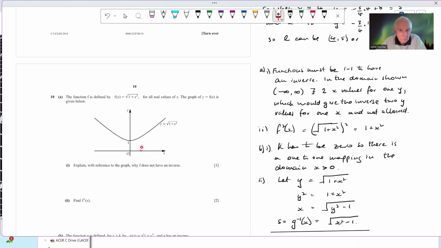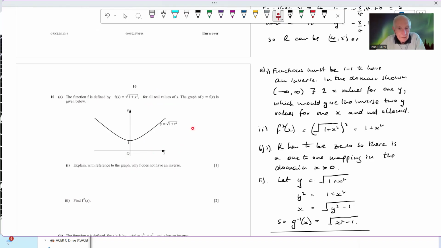Now here there are two values of x that give us the same value of y. So if we try and invert it, that's going to cause us a problem. So therefore, on this domain that's been defined, the whole lot, it doesn't have an inverse.